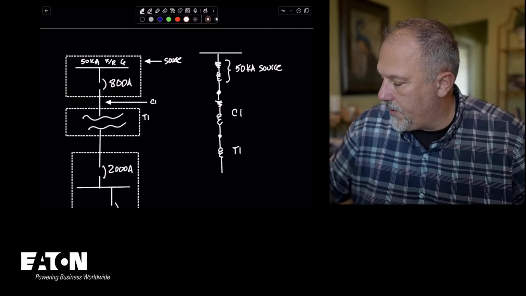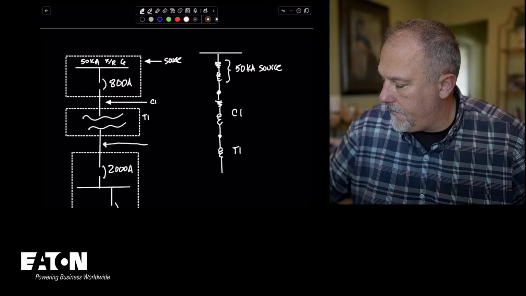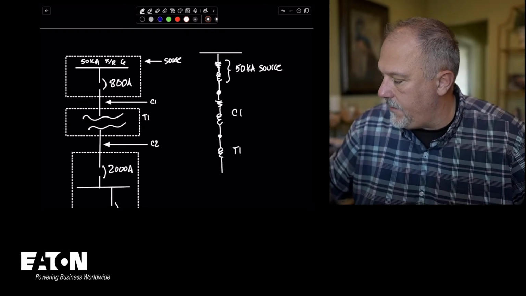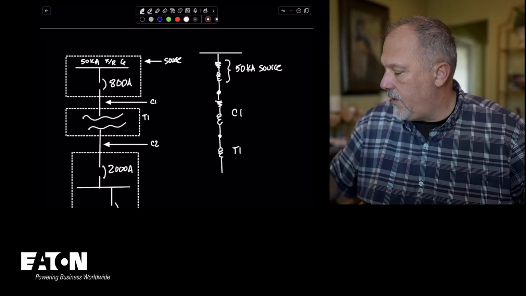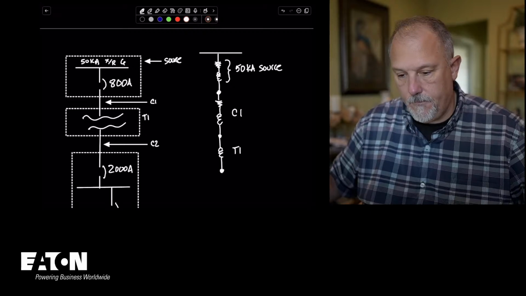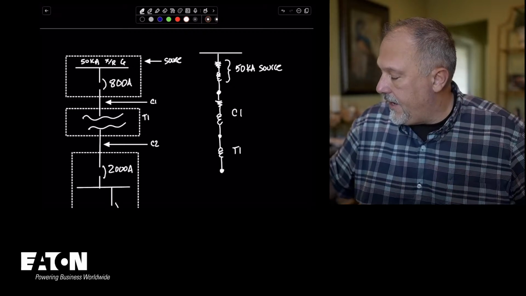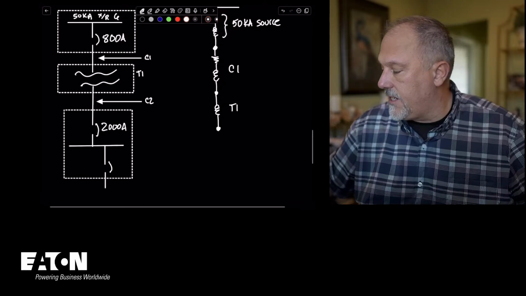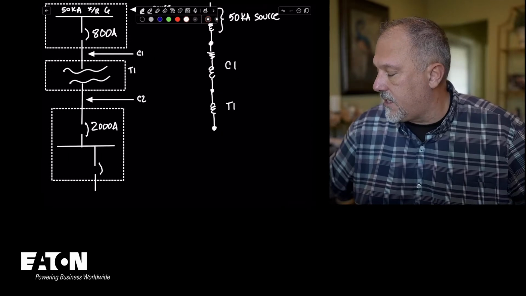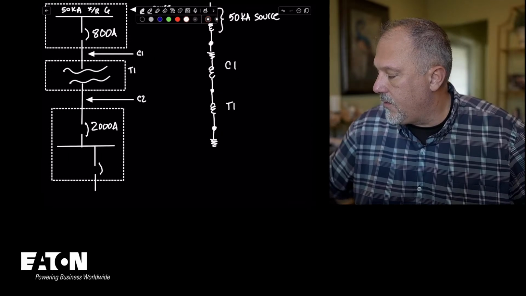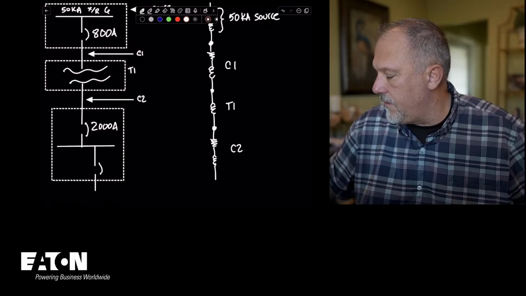And then this will be C2. So C1, T1. And then you have conductor 2, which will be the same as conductor 1. It will be a resistance and an inductance, and this will be C2.